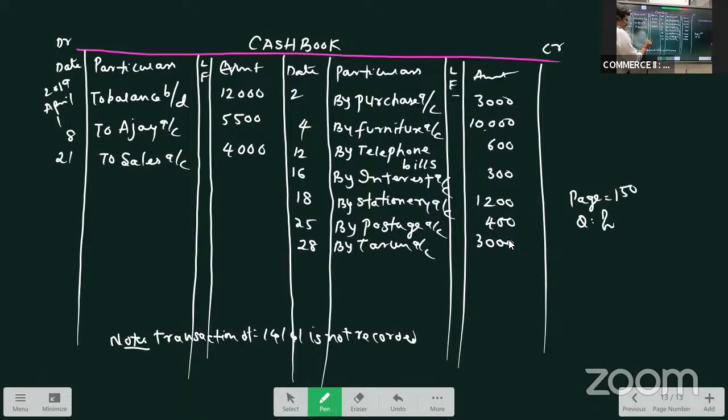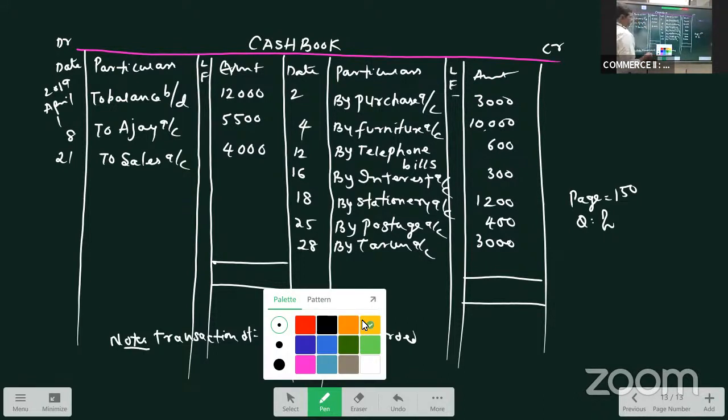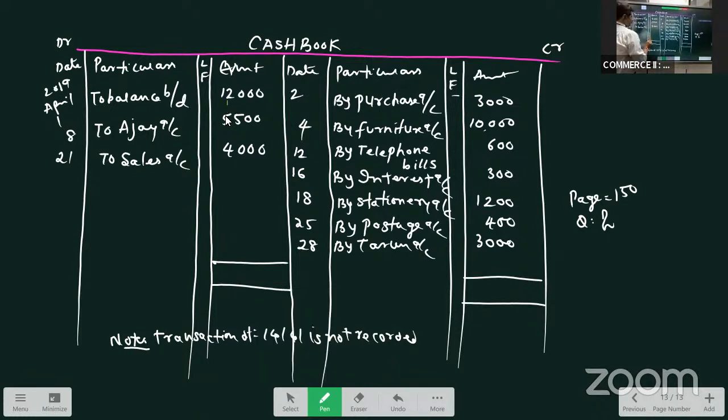I told you, simple column cash book always shows debit balance only. So let us see what is the total on the debit side? 23,500 is the total on debit side. Sorry, it is 21.